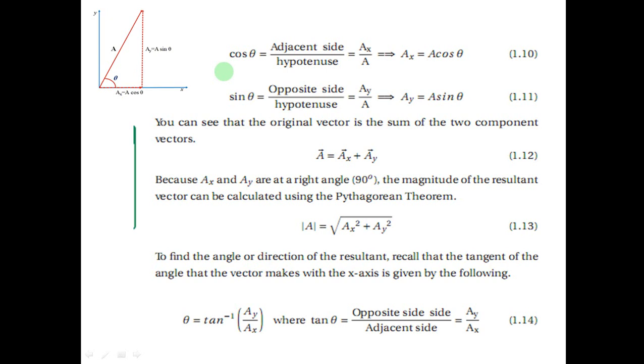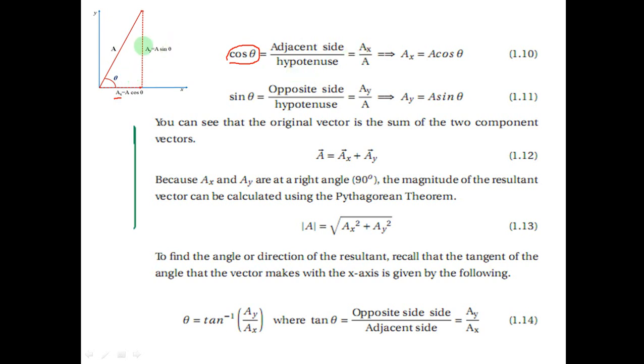So, how can we calculate ay and ax mathematically? Let's calculate cos theta. What does cos theta mean? Cos theta means adjacent side over hypotenuse. When you consider this theta, the adjacent side is the x component, ax.